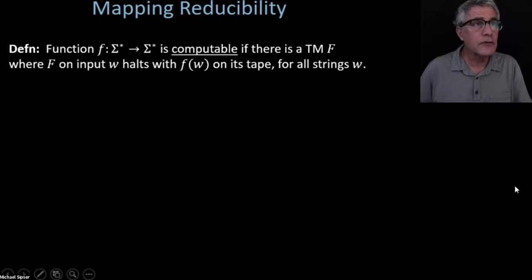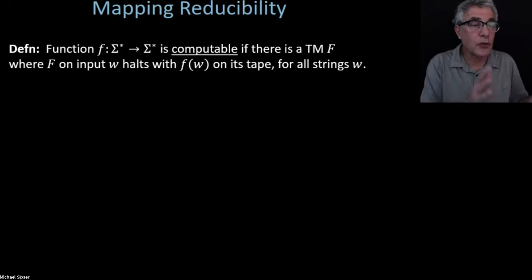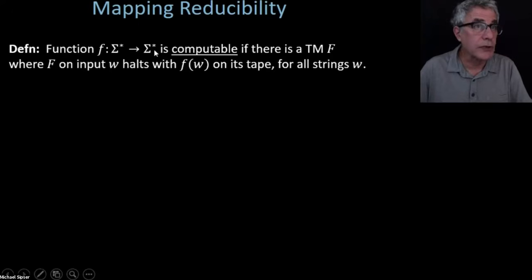Okay. So first of all, we have to talk about the notion of a computable function. Generally when we've had Turing machines, they're doing yes, no, accept, reject kinds of things. So it's like a binary function. Here, we're going to want to talk about Turing machines that are computing a more general function, which converts one string to another string. So it's a mapping from strings to strings.